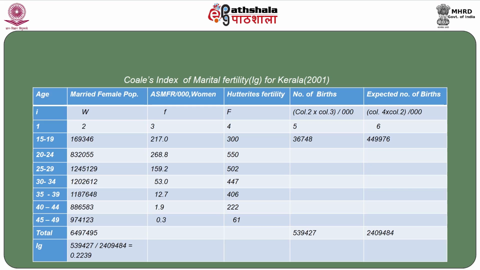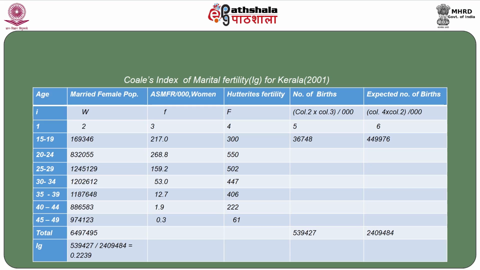Similar to the previous table, the first column gives the age starting from 15 to 19 up to the age 45 to 49 years. The next column gives the married female population. The difference between table 2 and this table is that in table 2, column 2 had the female population, whereas in this table, column 2 has the married female population.